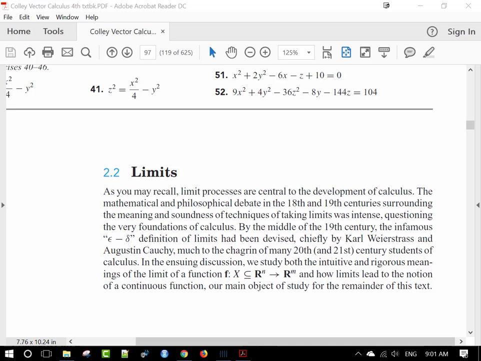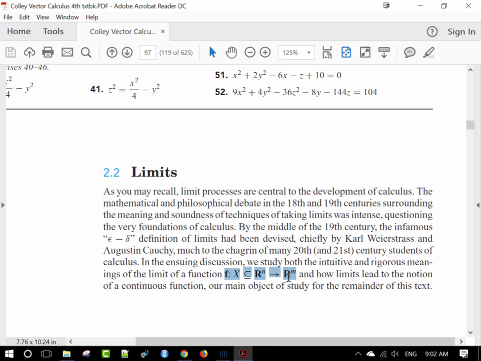Okay, we are going to talk about limits, section 2.2. She says that limits were kind of made by this person and this person, but we want to talk about limits in this context.